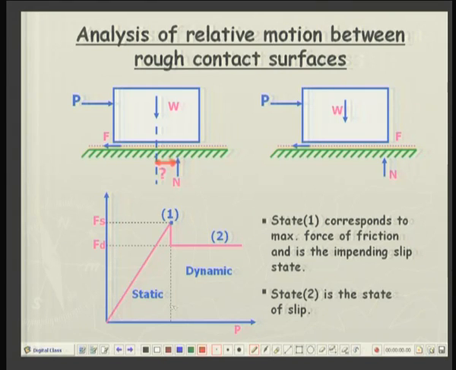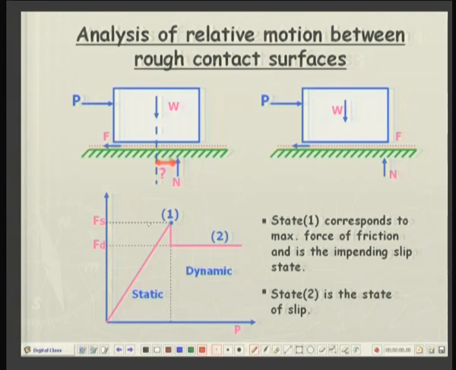So, the relationship between P and F will be a straight line as shown over here, till a point is reached where the force of friction cannot exceed that state. That is state number 1. This is just below it, the body is about to move, about to have a relative motion with respect to the floor on which it is sitting.